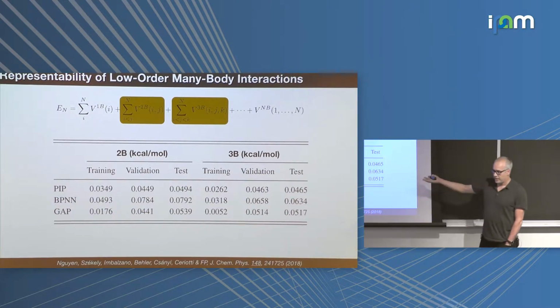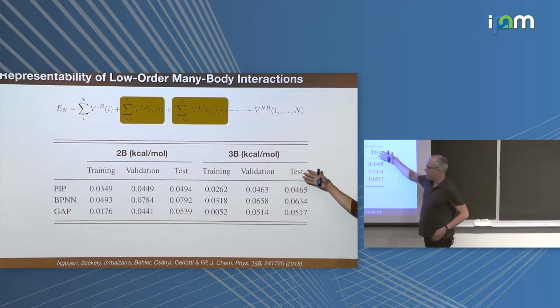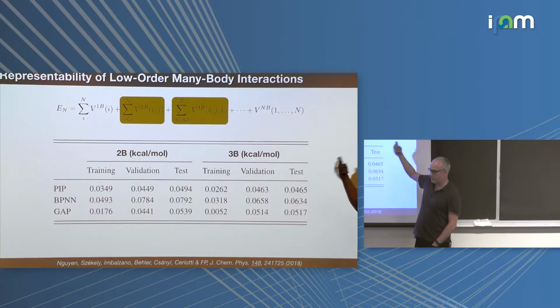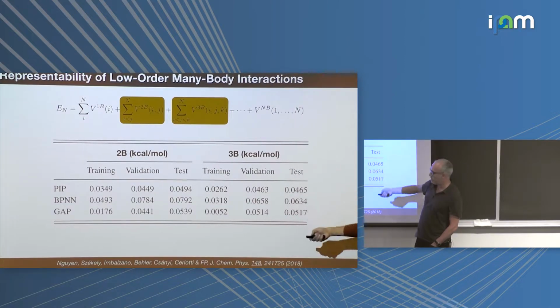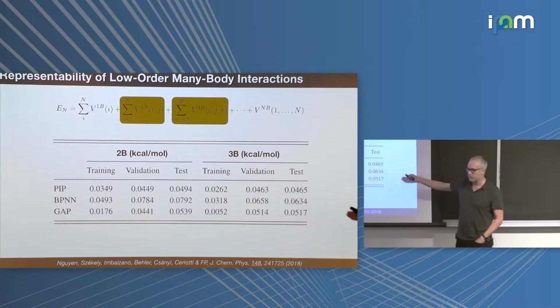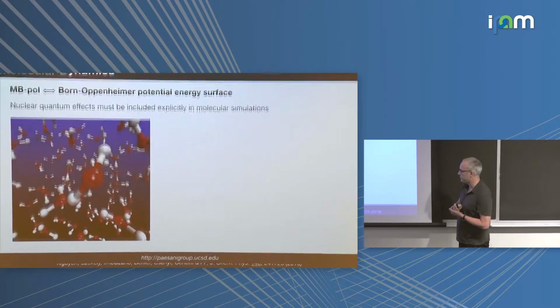But that, in my opinion, is an important result from a physics point of view, because essentially this is telling us that if you have a good physical representation of the energy landscape, it really doesn't matter how you describe these many-body contributions, as long as the mathematical function is flexible enough to capture all these possible distortions.